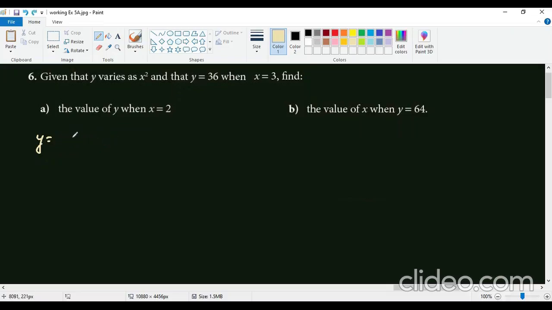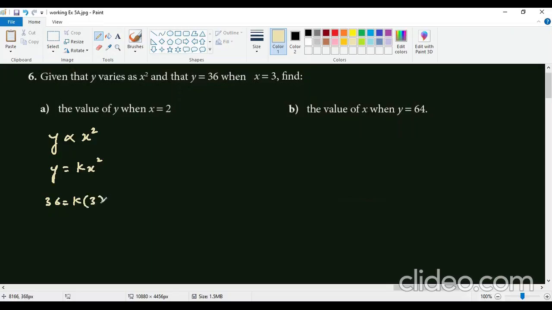Y is directly proportional to x square. To remove the sign of proportionality, I will use k x square. Now this is how we find the constant. Now y is 36, k is unknown, and x is 3.